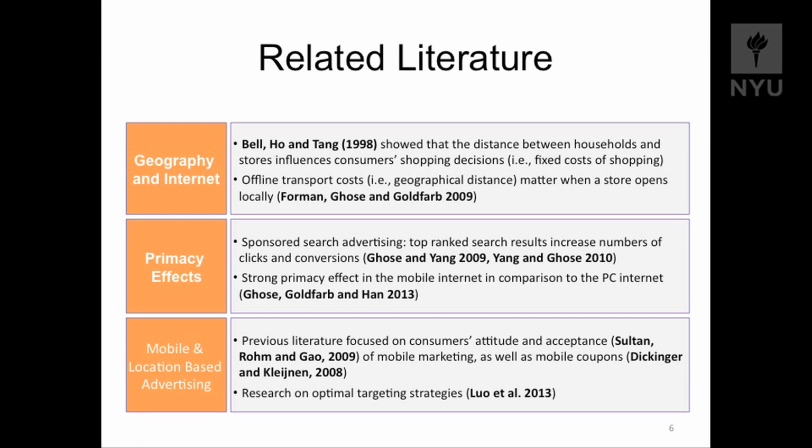The topmost slots, for example, get the highest number of clicks, but they're not necessarily most profitable. And then there's some increasing literature on mobile marketing, and we'll also hear one of our speakers, Shuming Liu, talk about this afternoon. So this study essentially combines the literature on the geography of the internet with primacy effects and effectiveness of mobile coupons.